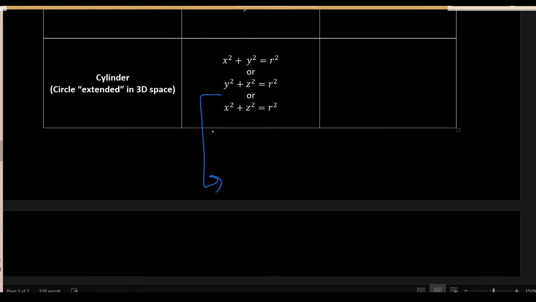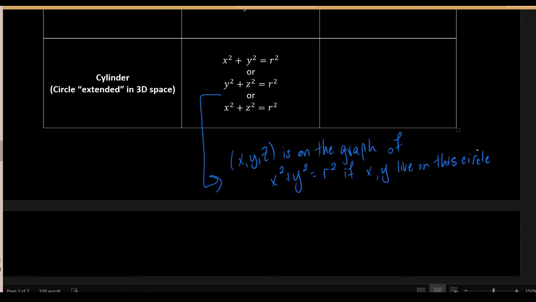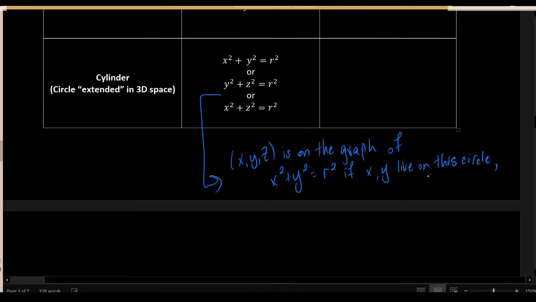In this case, because we're in three-dimensional space, the graph contains three coordinates, x, y, and z. So x, y, and z in three-dimensional space is allowed to be on the graph of x squared plus y squared equals r squared. Well, the only real requirement is that the x squared and y squared satisfy the given equation, and z is free to do whatever it wants.